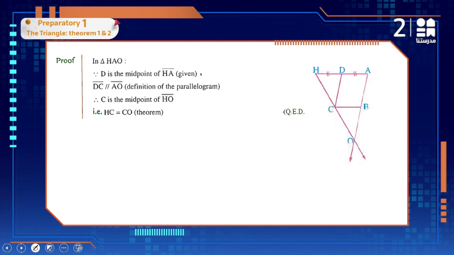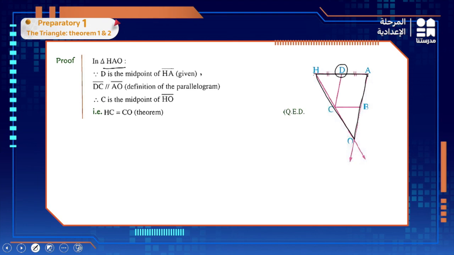Number one, we have a triangle, this triangle HAO, the large one. In this triangle, D is a midpoint of HA.